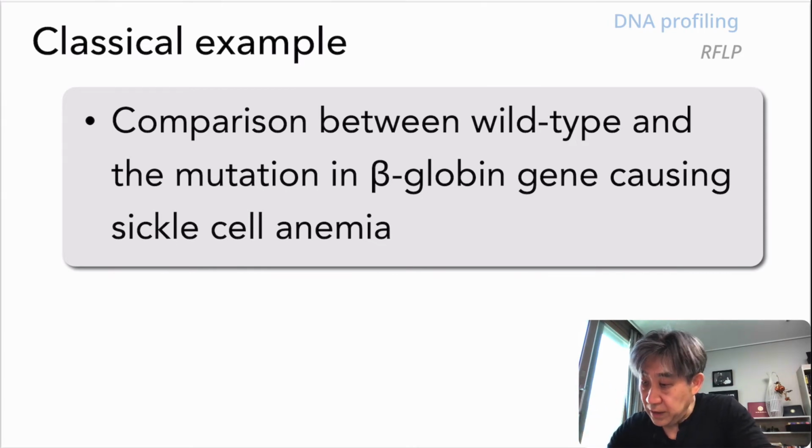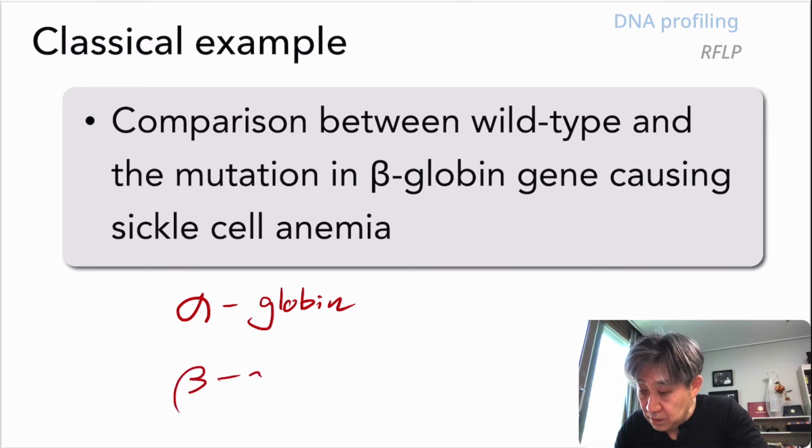One is called alpha globin, and the other type of protein is beta globin.